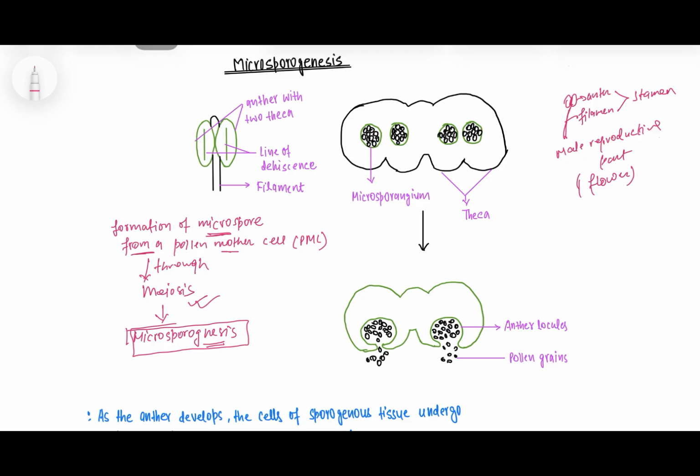As the anther develops, cells of sporogenous tissue undergo meiotic division and form microspore tetrads.